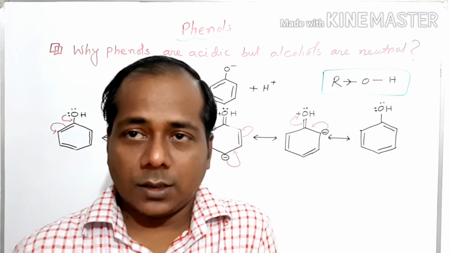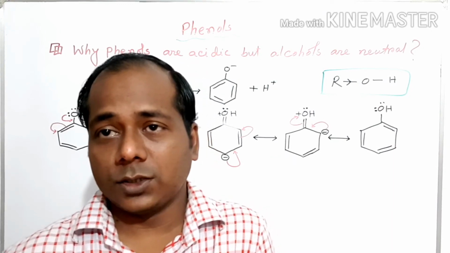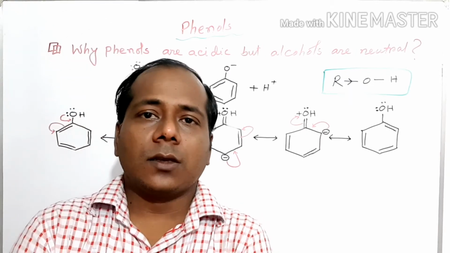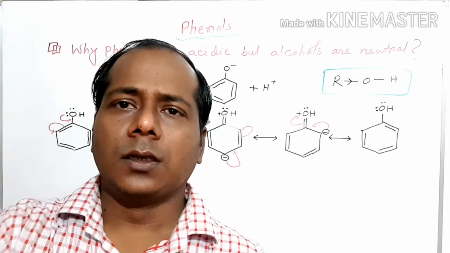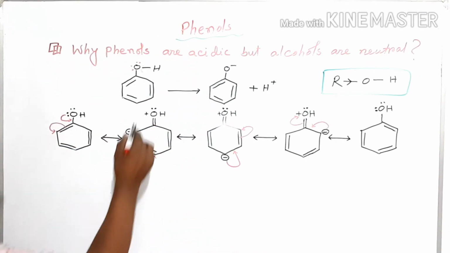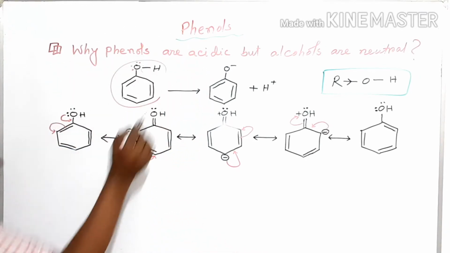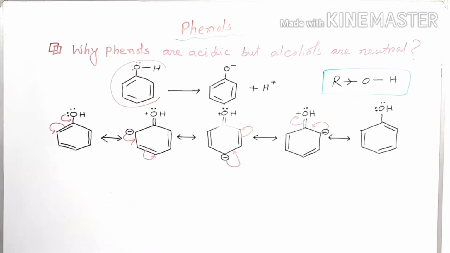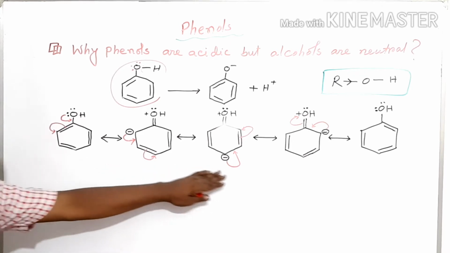Dear students, now we discuss about why phenols are acidic but alcohols are neutral. If we see the structure of phenol, we see lone pair electron is present in oxygen. This lone pair electron shifts to benzene ring through resonance.